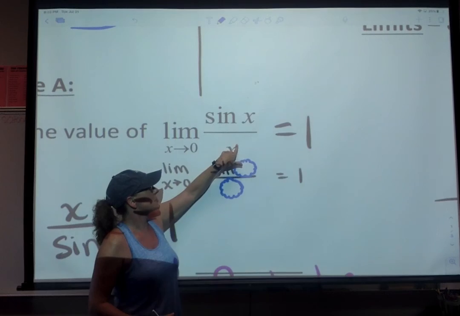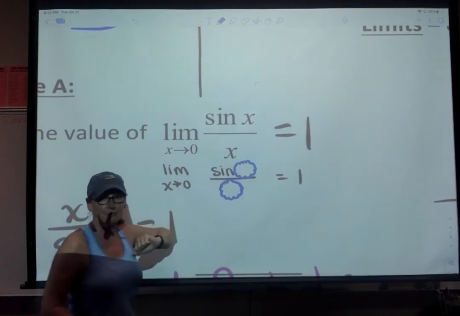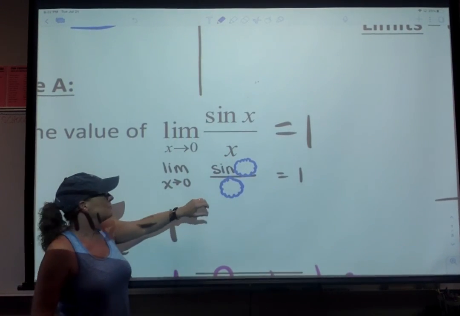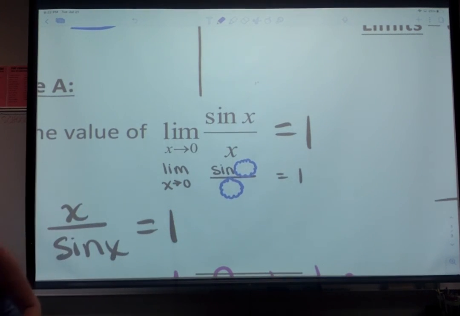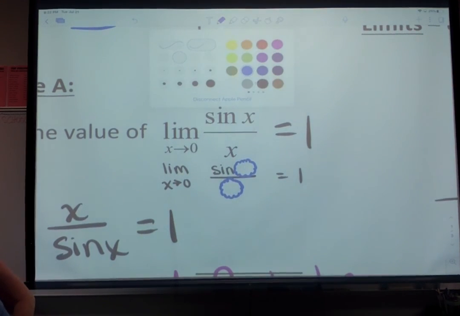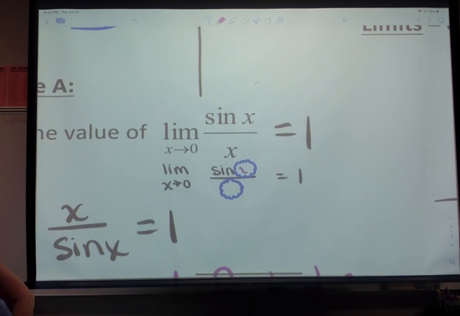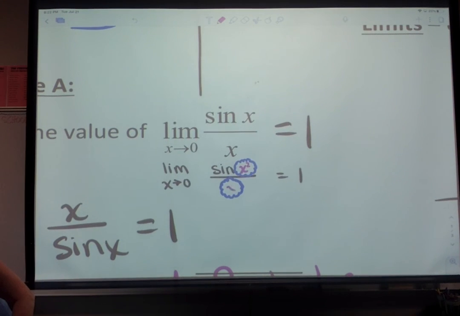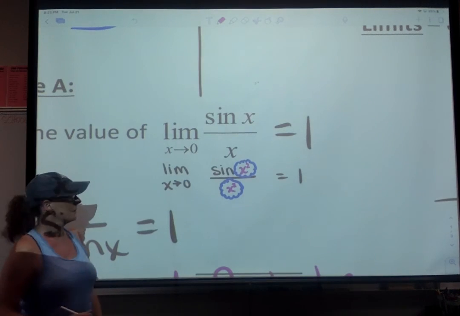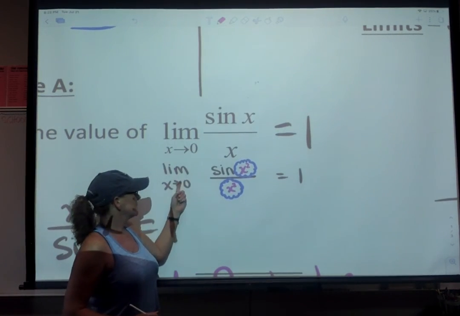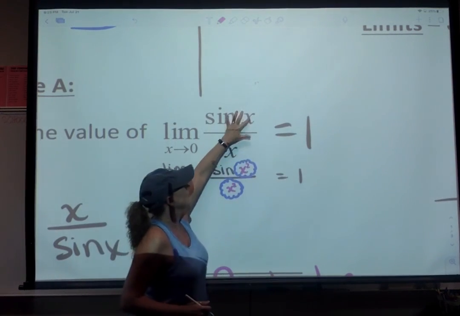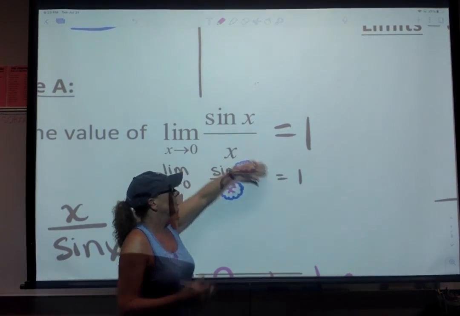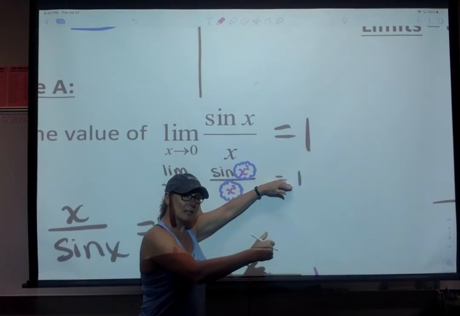As long as they match, it's true. So I could be taking the sine of x squared over x squared, and the limit as x approaches 0 of this function is still 1. So as long as these match, your answer to your limit is 1.